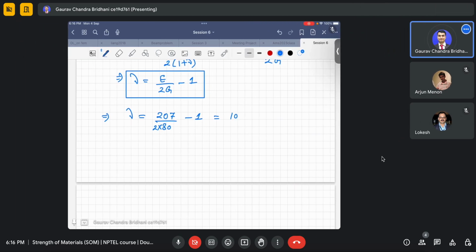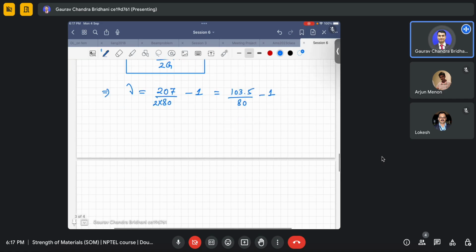We can find this by dividing by 2, and subsequently we will have this minus 1, and this will be 1.2.